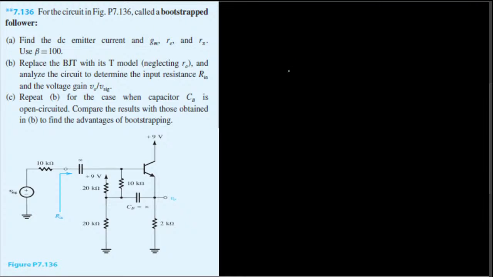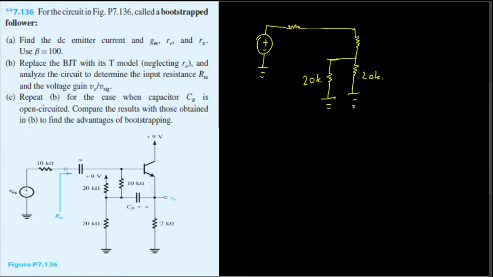If we do that, then the equivalent circuit is going to look like this: plus minus, this one connected to the ground, and here we have 10 ohm resistance, and then here we have 10 kilo ohm resistance connected right here, and this one will be grounded. This plus 9 voltage will be grounded in the AC model. So this 20k ohm is going to be grounded, and we have another 20k that will be parallel to this 20k, and we have the BJT after that.